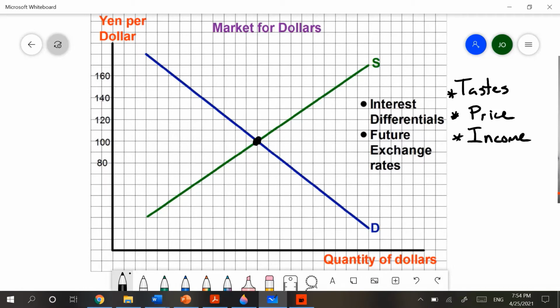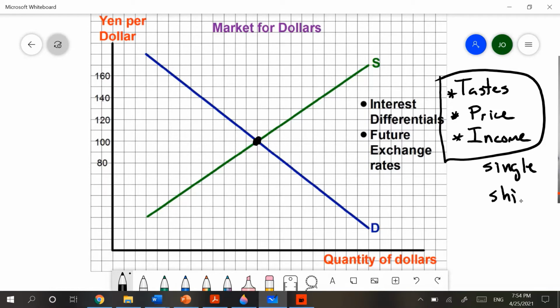And so we have these. Now, here we have slight differences in each of these. For example, these 3 that I just wrote in are considered single shifts, meaning that you're only going to shift one curve.